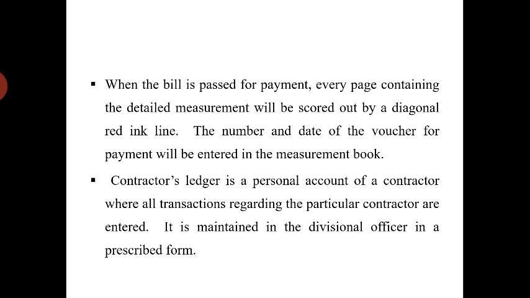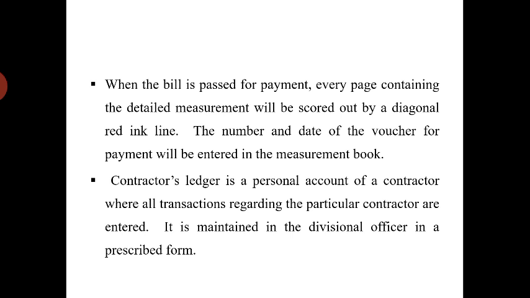See, one more very important thing that we have not discussed is the contractor ledger. We are talking about the measurement book, and that measurement book will always be with the contractor. So one more very important thing has to be maintained in the contractor ledger.